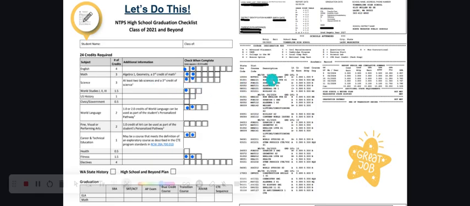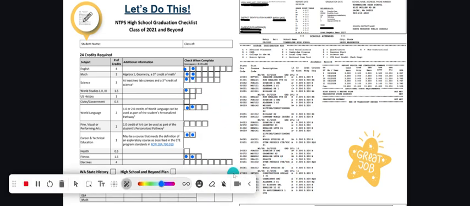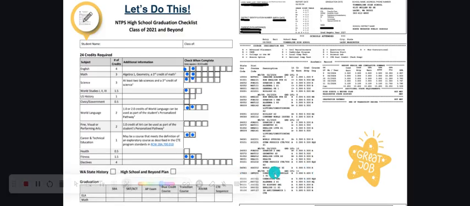Okay, so I'm going to have you go ahead and mark down all of your classes, but I do want to point out that some classes can meet requirements in different areas of study. For example, construction skills. This student took construction skills, and that can count either for a CTE, a 3rd year of math, or an elective.